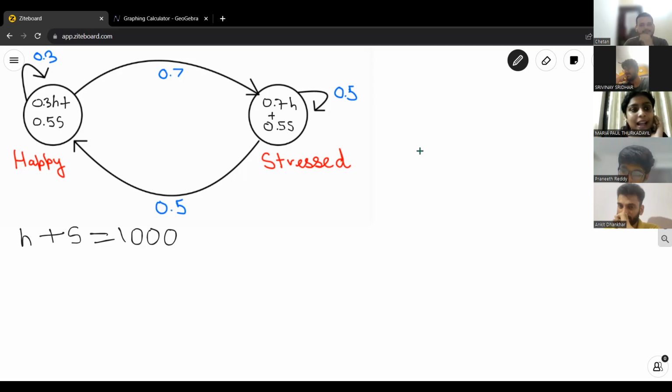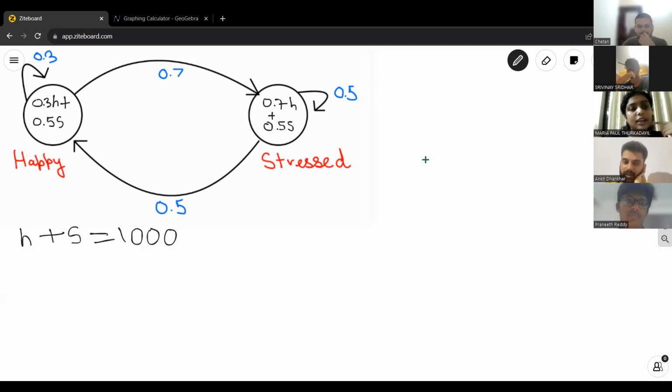So if we think of it that way, we can equate both to 500. But I don't think we can do it to 500, it's something different. What we eventually want to find out is the distribution. If everything was 0.5, I think eventually it would reach that.